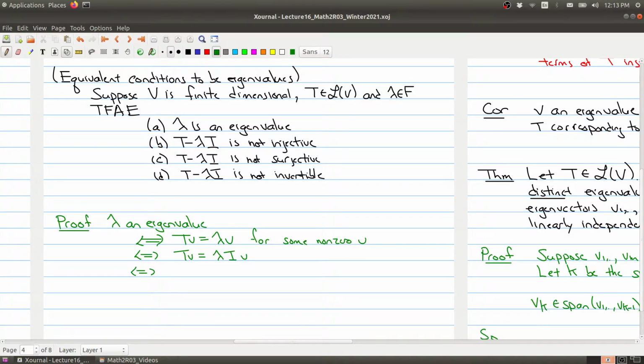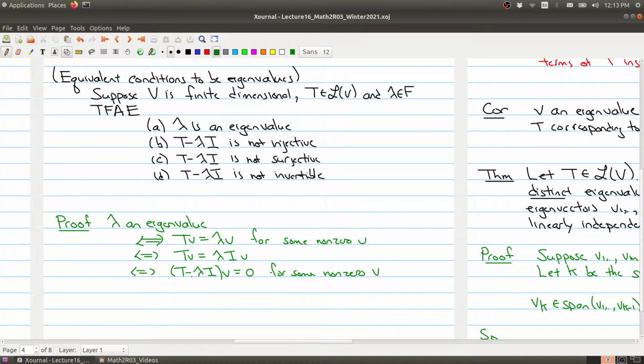But now we can rearrange this equation so we get T minus lambda times the identity operator evaluated at v is equal to 0 for some non-zero vector v.